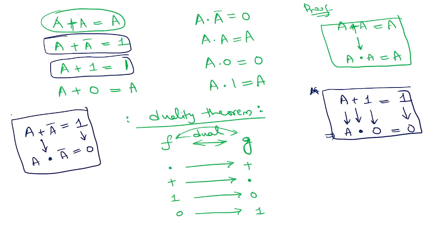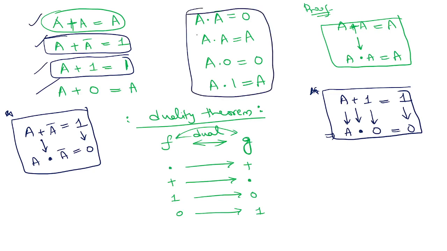This is also true. It means if you know one form of an expression, obviously you know its dual. Similarly, for the consensus theorem, you have xy plus x bar z plus yz equals xy plus x bar z.